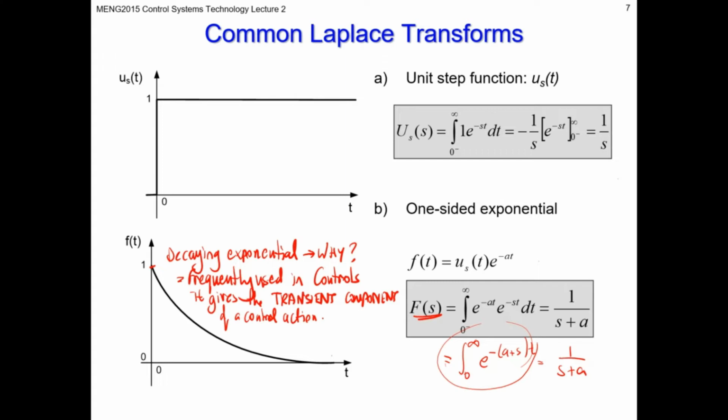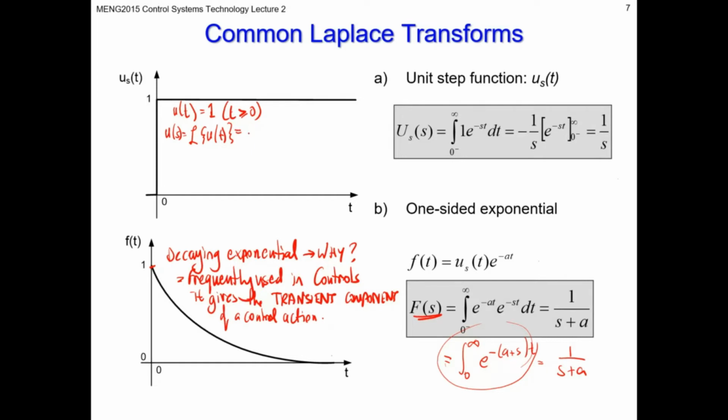In case anybody wants a bit of assistance with their Laplace transforms, our input u of t is 1 for all time greater than or equal to 0. So as soon as time goes to 0, the value of this function goes to 1, and it stays at 1 for infinity. If we take the Laplace transform of this function u of t, this would be capital U of s equals the Laplace transform of u of t.